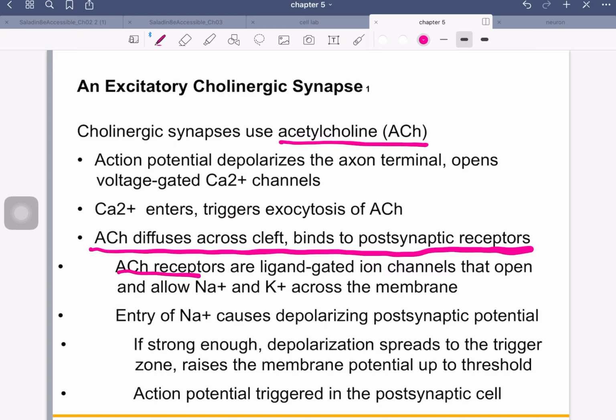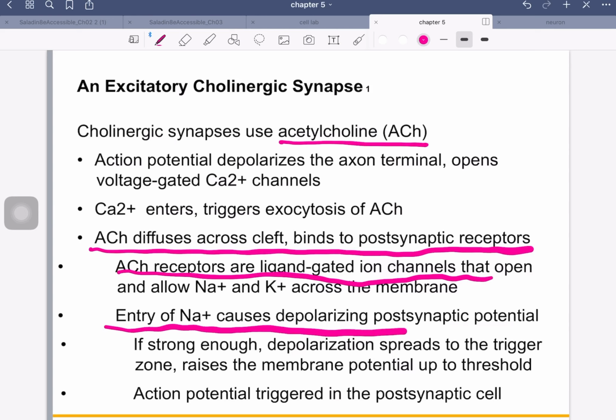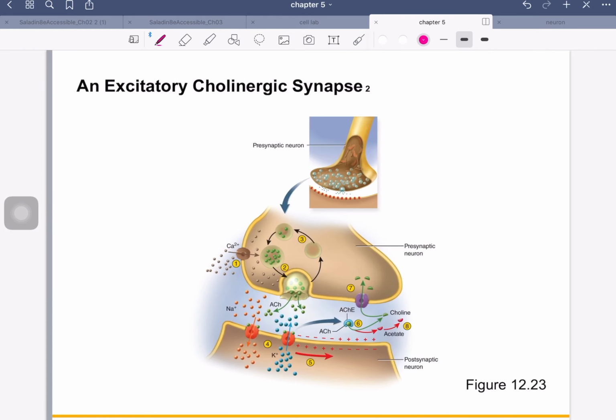The ACh receptors are ligand-gated ion channels that allow either sodium or potassium to cross the membrane. And of course, the entry of, say, sodium into a postsynaptic neuron will start to depolarize it. As we've seen in the past, if you get enough depolarization in the trigger zone of a postsynaptic neuron, it will form an action potential.